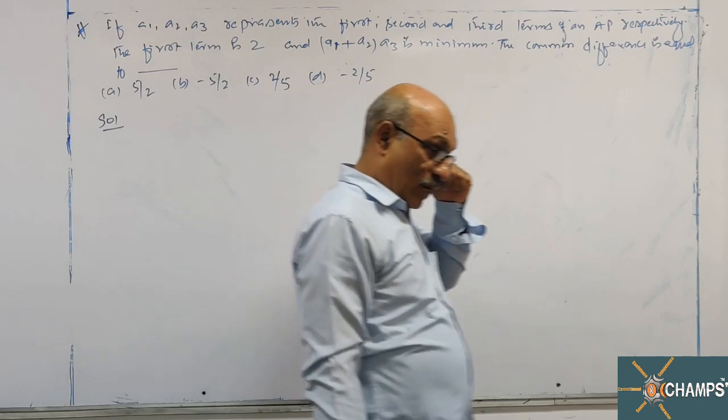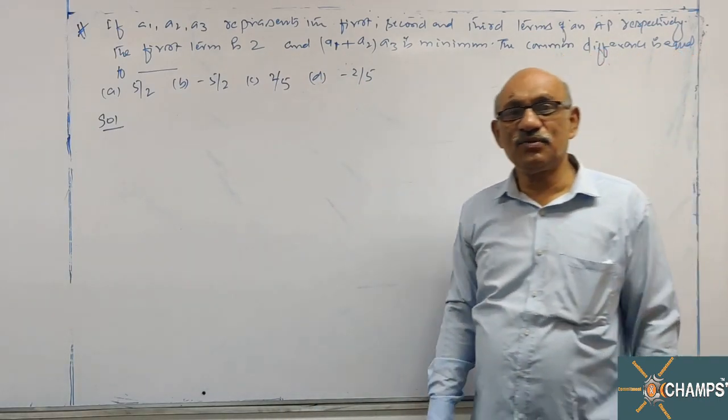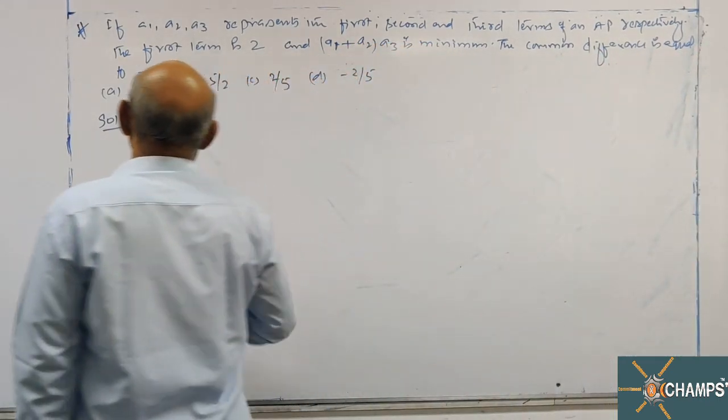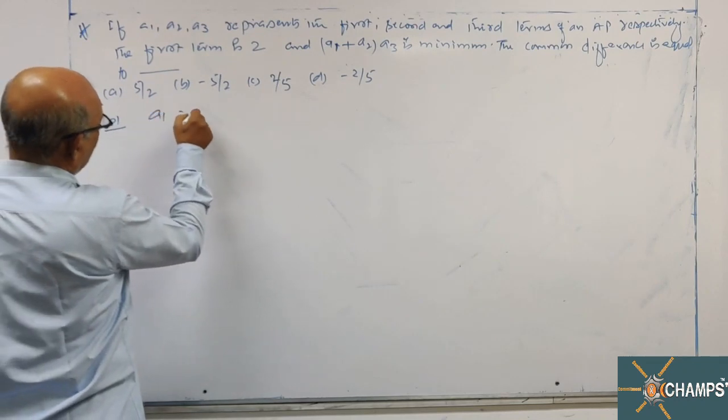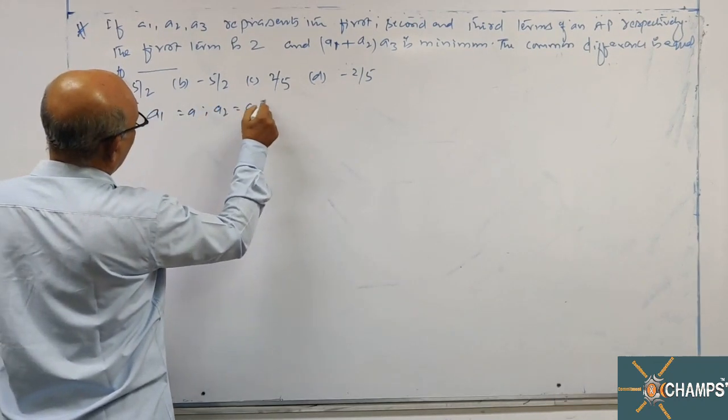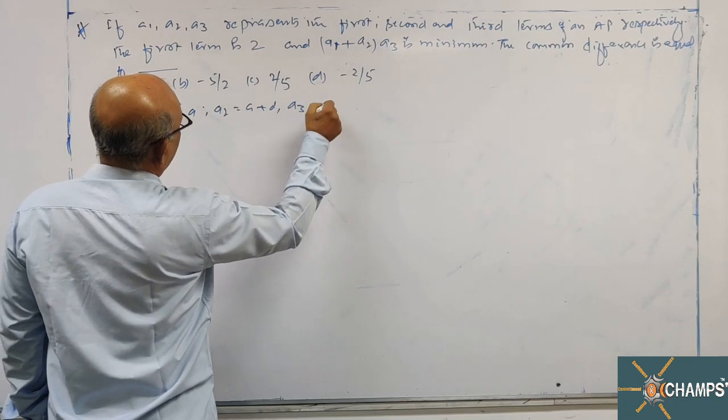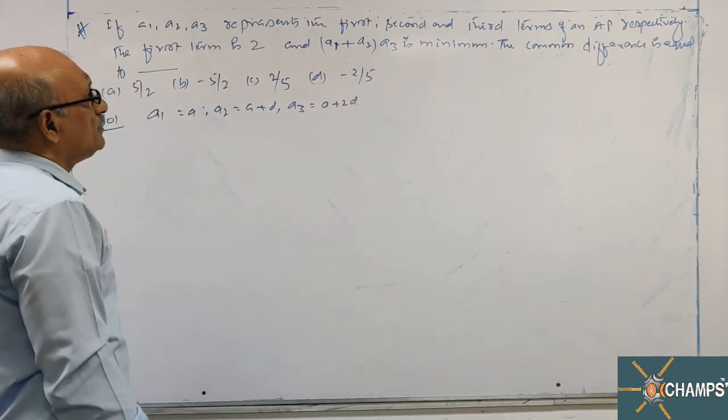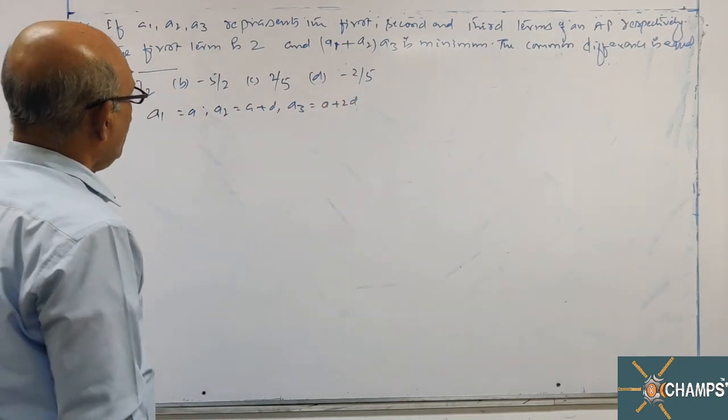A1, A2, A3 be the first three terms of an AP. So let us take A1 is equal to a, A2 is equal to a plus d, A3 is equal to a plus 2d. First term is given as 2.